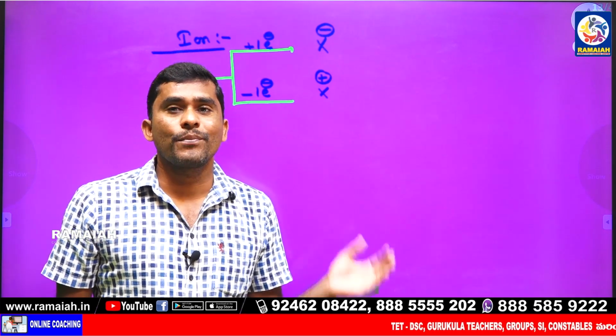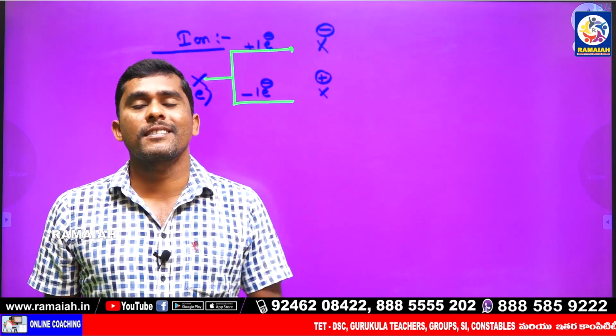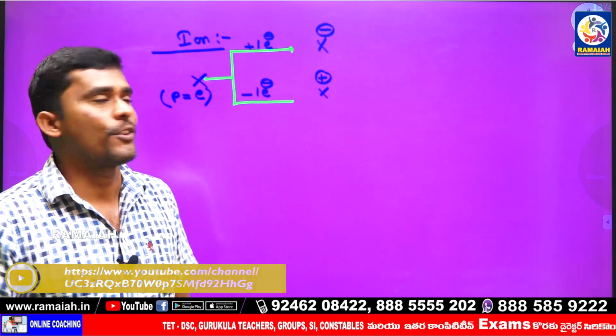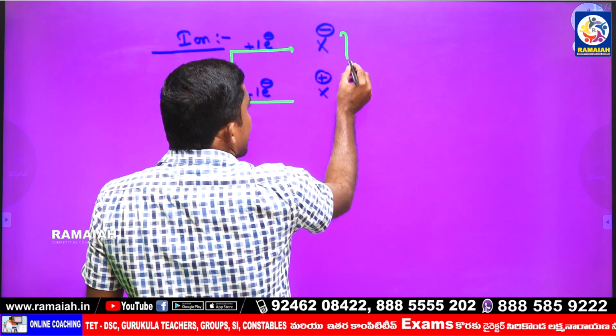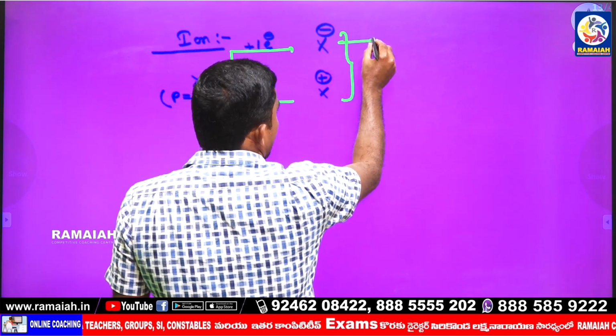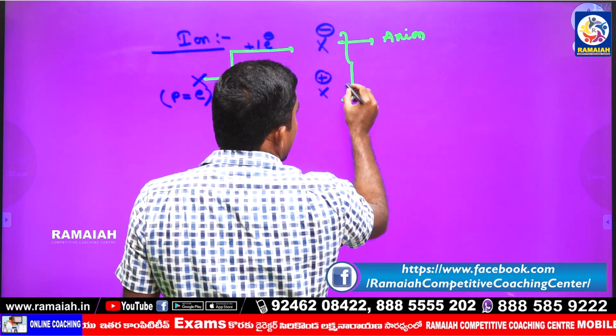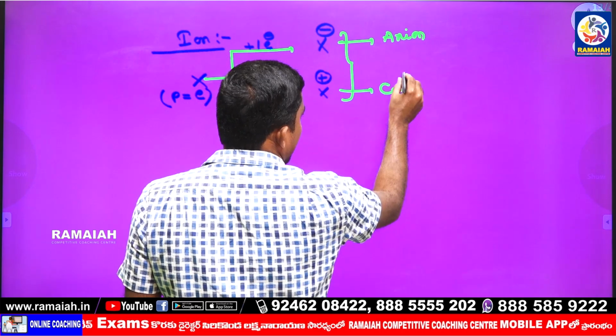Simply we say that the charged particles are known as ions. These ions are two types. One is anion, the second one is cation.